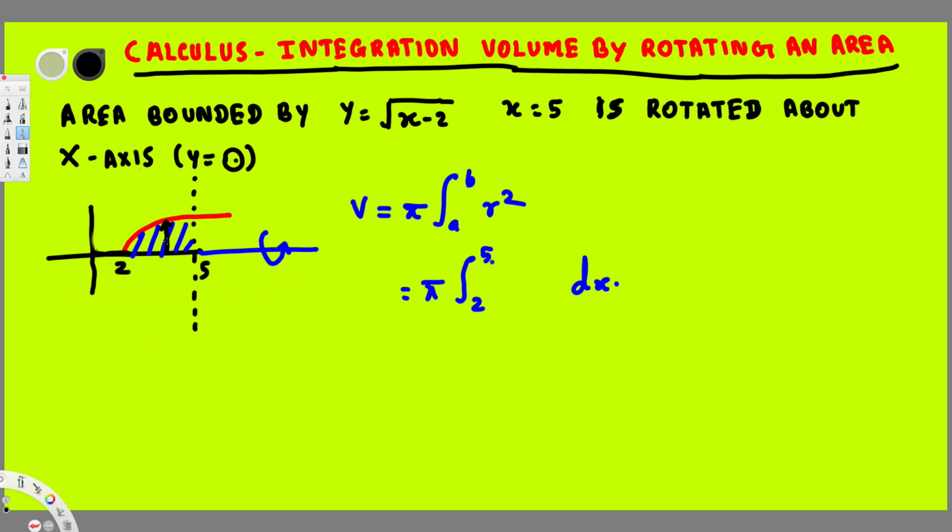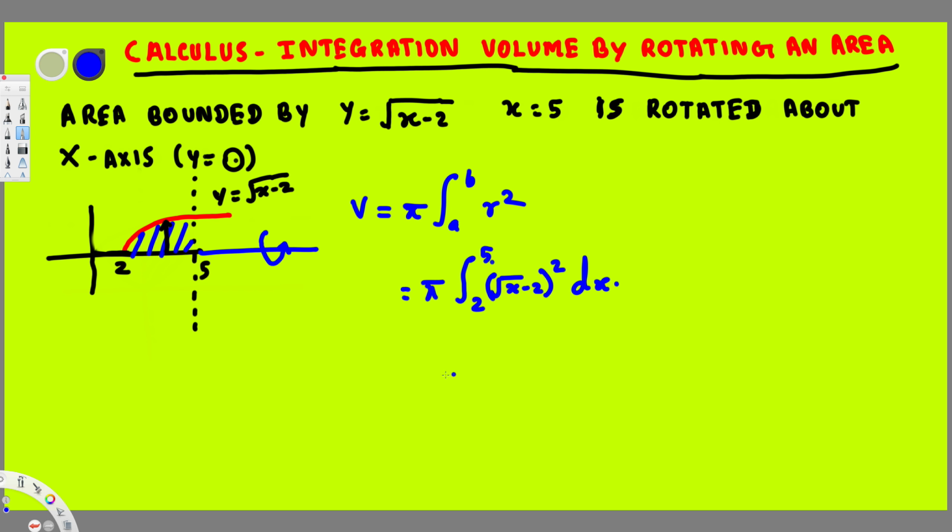Wherever the arrow is touching, that's going to be the distance, and this line is described by y is equal to square root of x minus 2, right? So that's this graph. So this graph equation is going to be the radius. So we have to put here square root of x minus 2, to the power 2, and that's it.